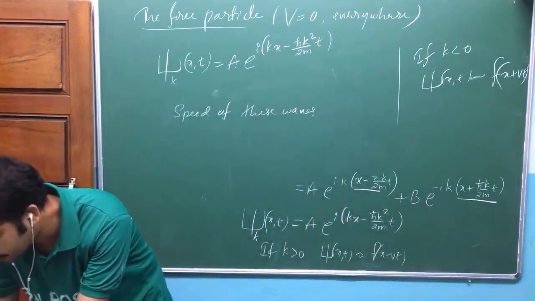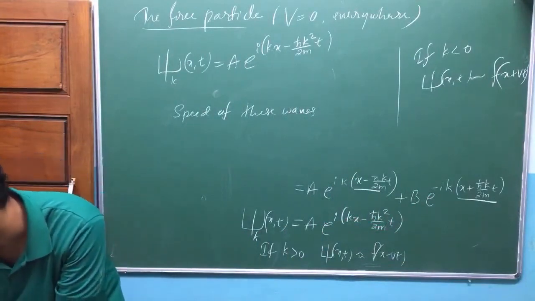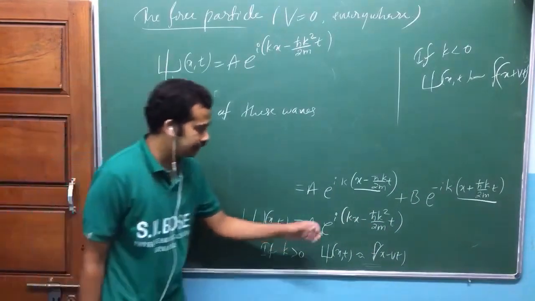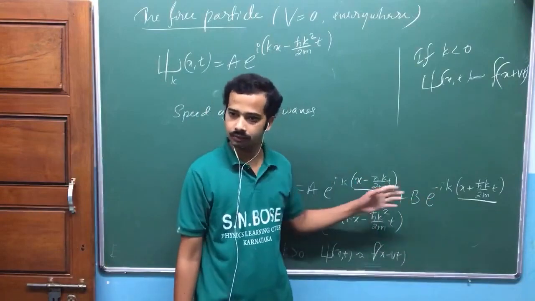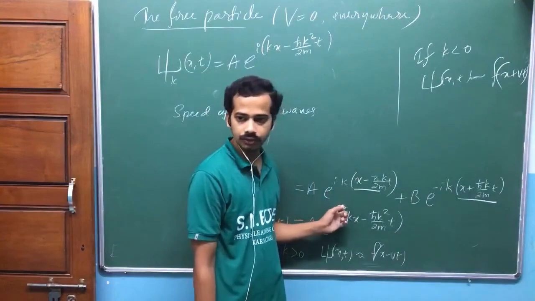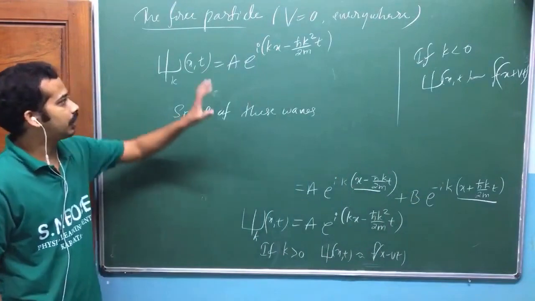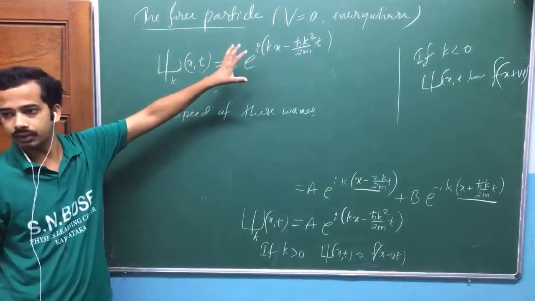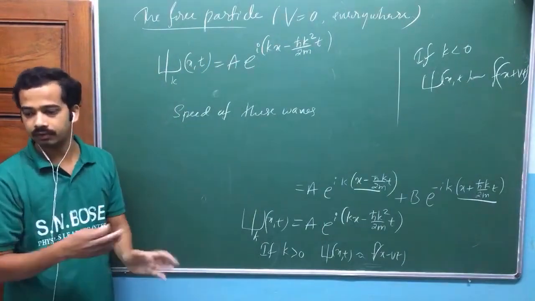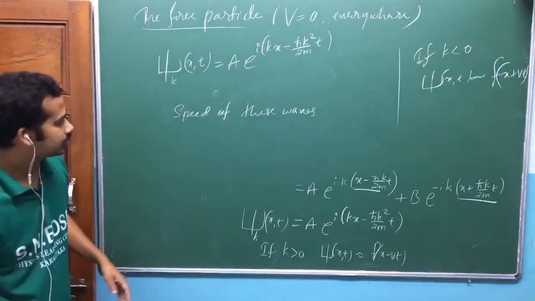We can do that. It was a kind of linear combination only of two different solutions. This one was individually a solution, this one was individually a solution, and a linear combination is also a solution. But I prefer writing one equation where I'm restricting myself to either traveling to the right or traveling to the left, not a superposition of them. We have another problem, an interpretation problem, we shall see.